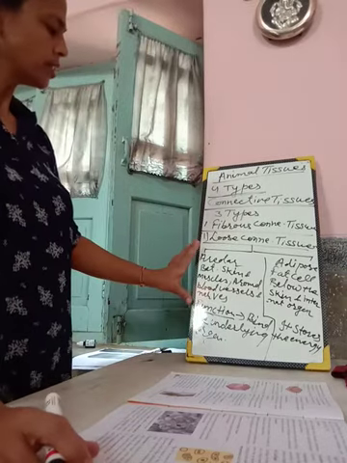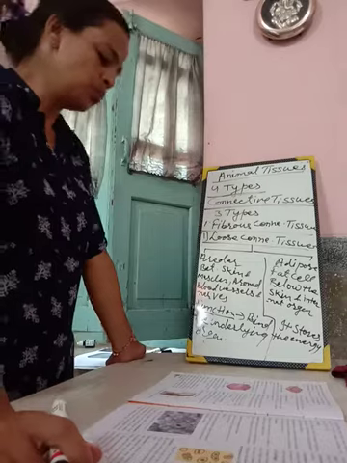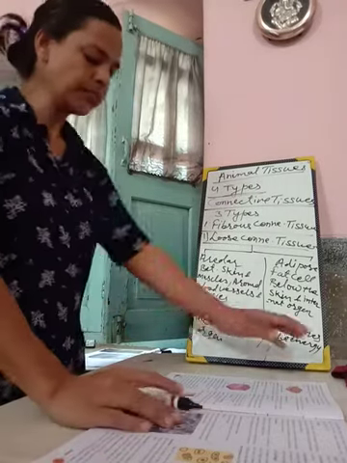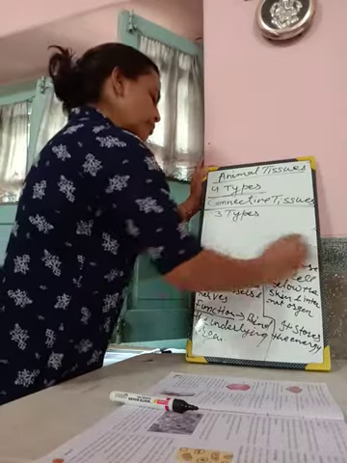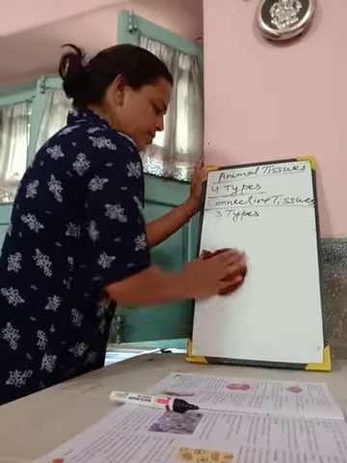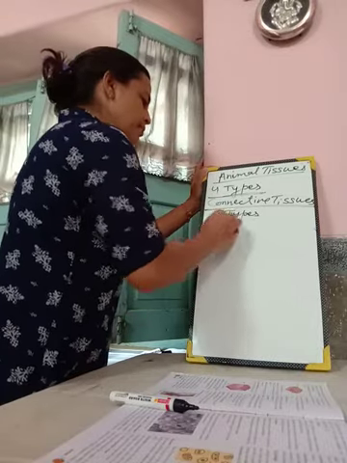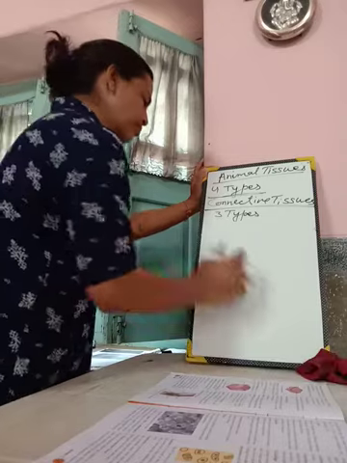This is the first type of fibrous tissue, which is loose connective tissue, and the second one is dense connective tissue. Dense means thick.